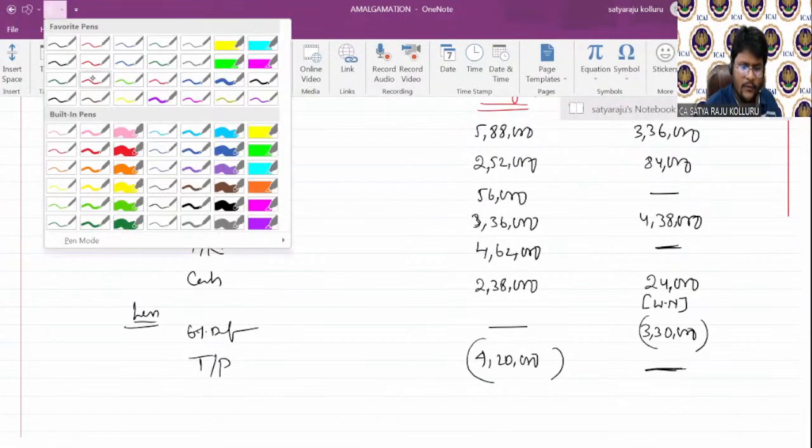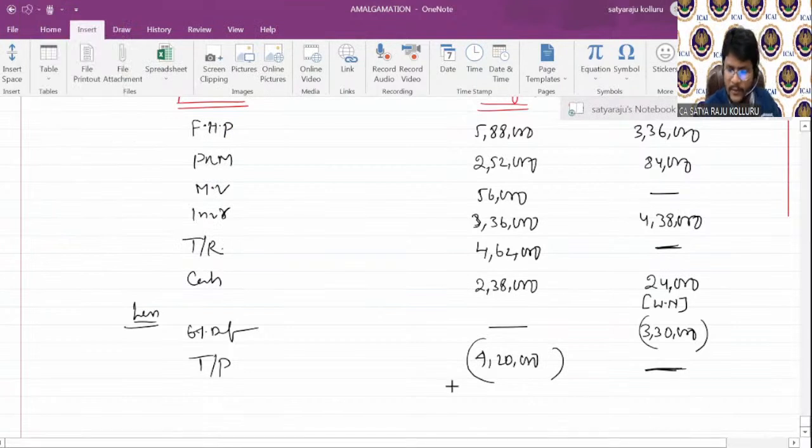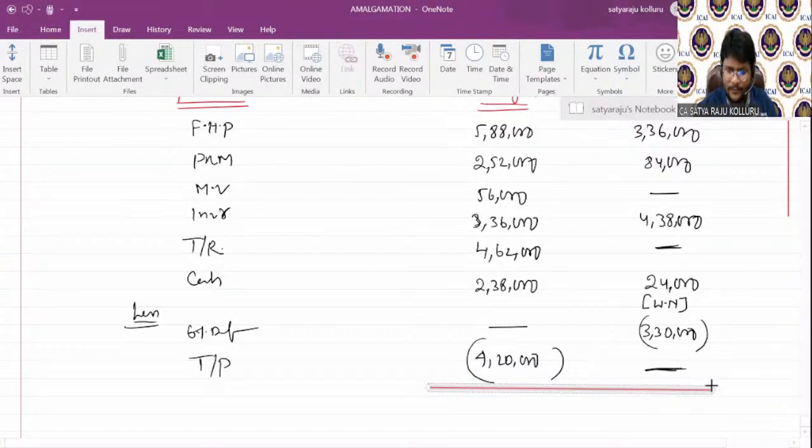Can you please all of you calculate here? What is the amount of NAV in both the companies? Quickly, guys. Let me know first for Galaxy: 5,88 plus 2,52 plus 56,000 plus 3,36,000 plus 4,62,000 plus 2,38,000 minus 4,20,000. Here I got 15,12,000.